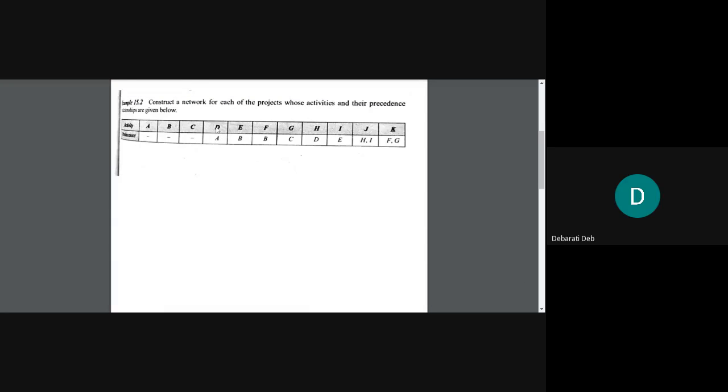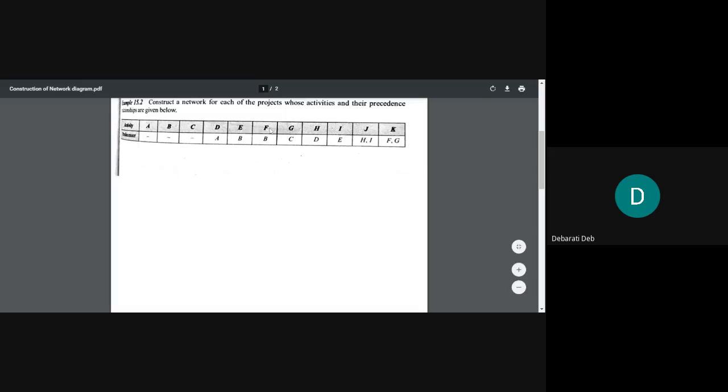But look at the next two, E and F. E and F both have the predecessor B. So it indicates that from B, two activities will come out. E and F will start at the point where B has ended.